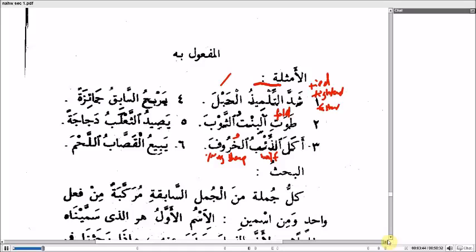ياسين. نعم. يربح السابق جائزة. Is يربح? The vowel, the letter's not there. يربح السابق جائزة.